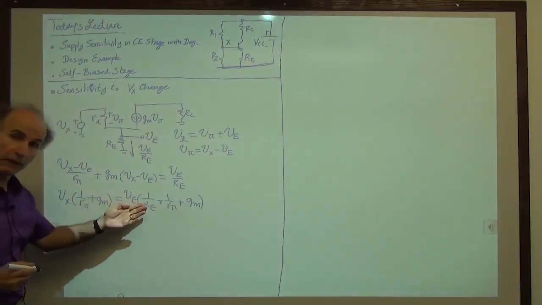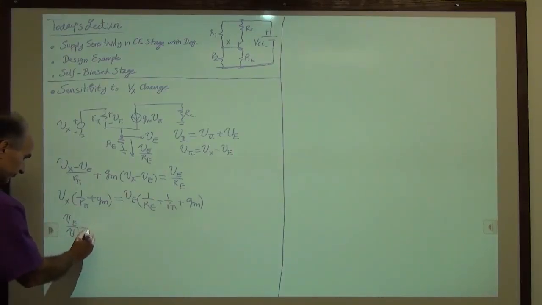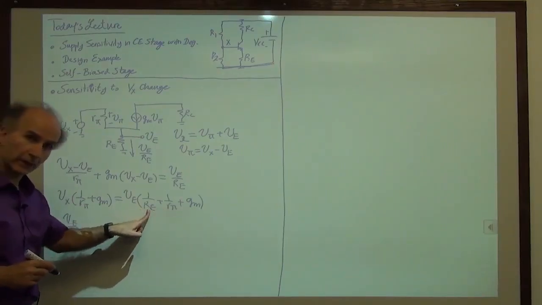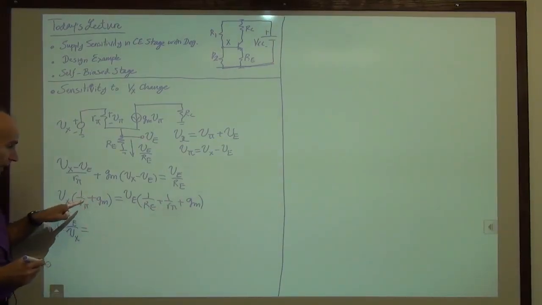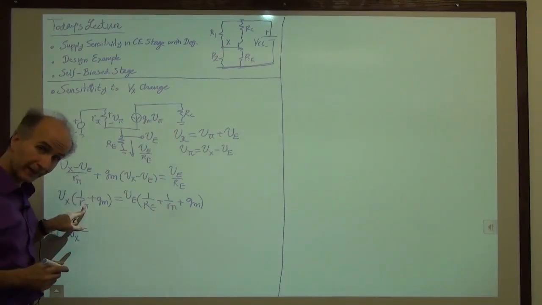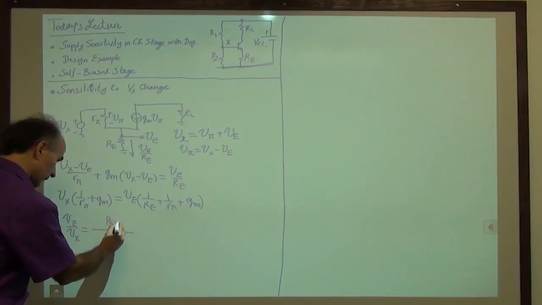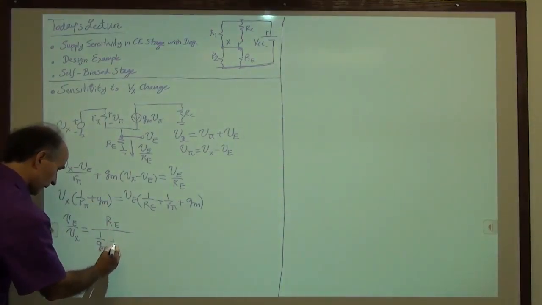So now we can find VE over Vx. How much is that? Well, you just need to multiply by R pi times RE, both sides, and then remember that Gm R pi is equal to beta. So this will give us something like this: RE over 1 over Gm plus RE.